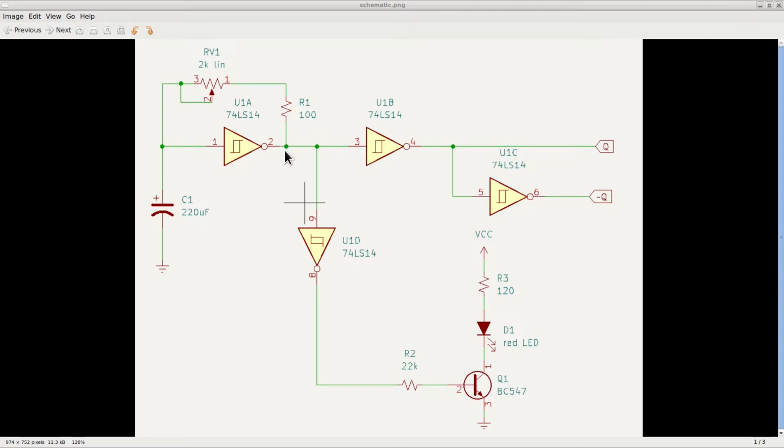Now that the output is low, the flow of current in the capacitor changes direction, and the capacitor begins to discharge through the resistor and the potentiometer. And so now the voltage of the capacitor decreases, until it reaches Vt-, and at that point the inverter switches again, the output goes high, and the cycle begins all over again.